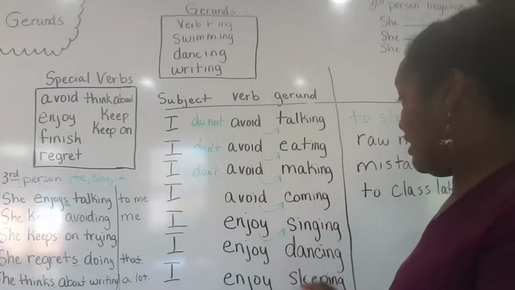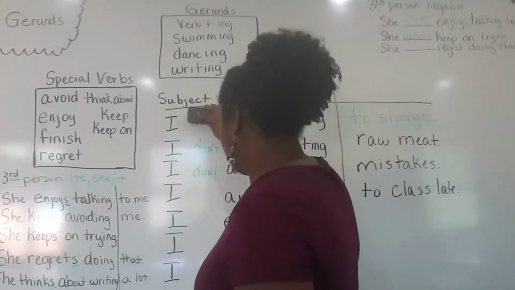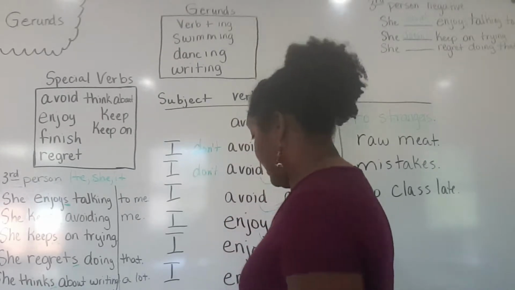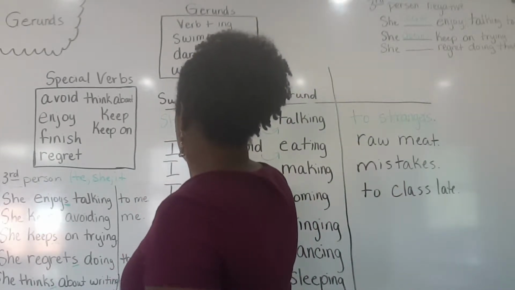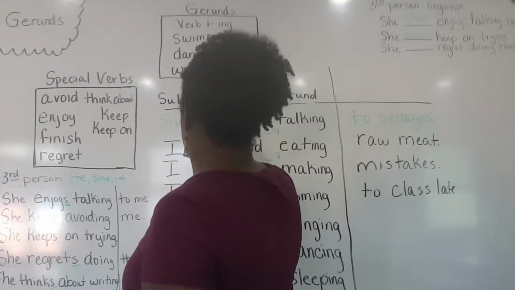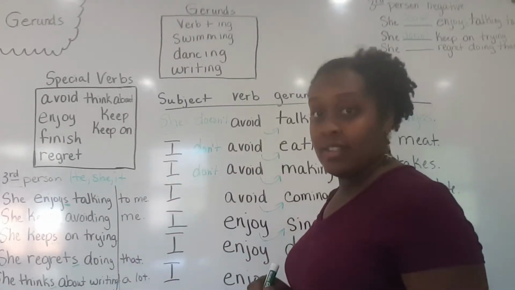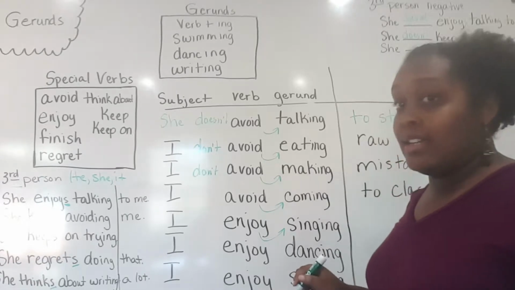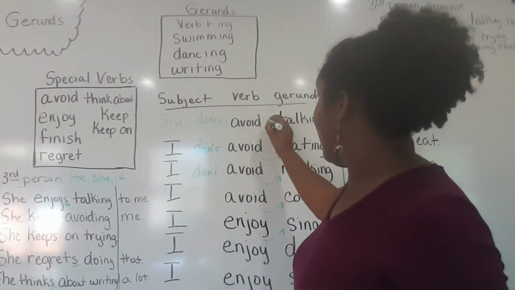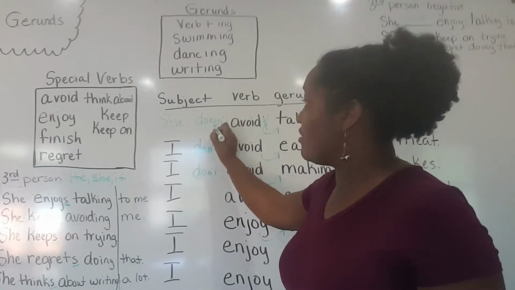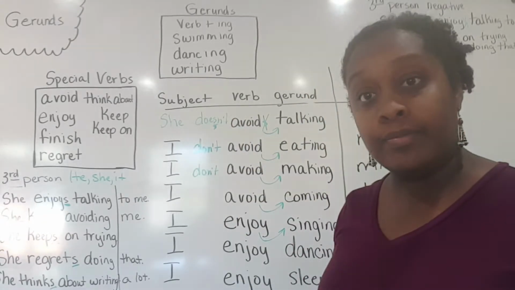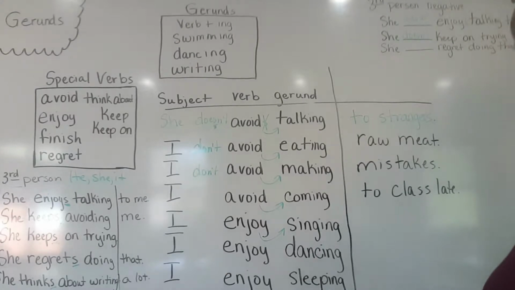So when it's negative, in third person, it looks like this. She doesn't avoid talking. You cannot put an S here. That is incorrect. Your S is here with the verb do. Okay? So your S is with the verb do.